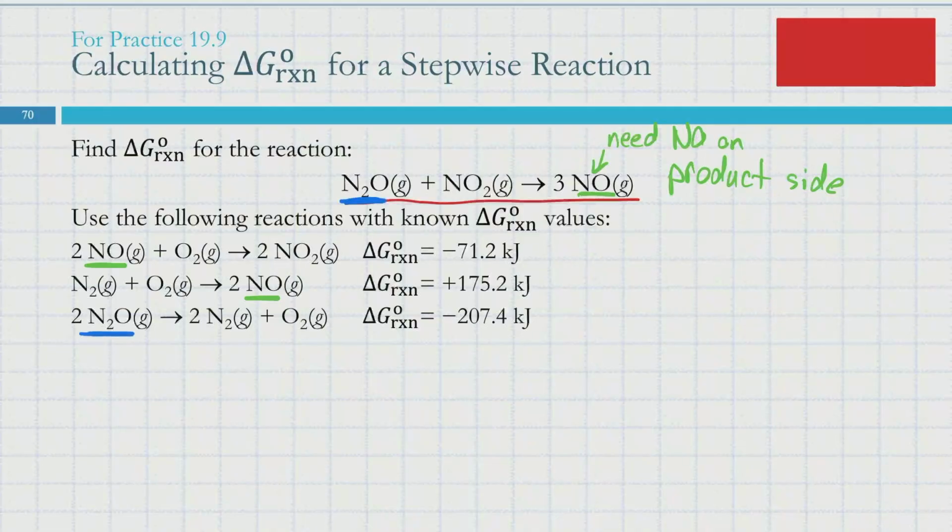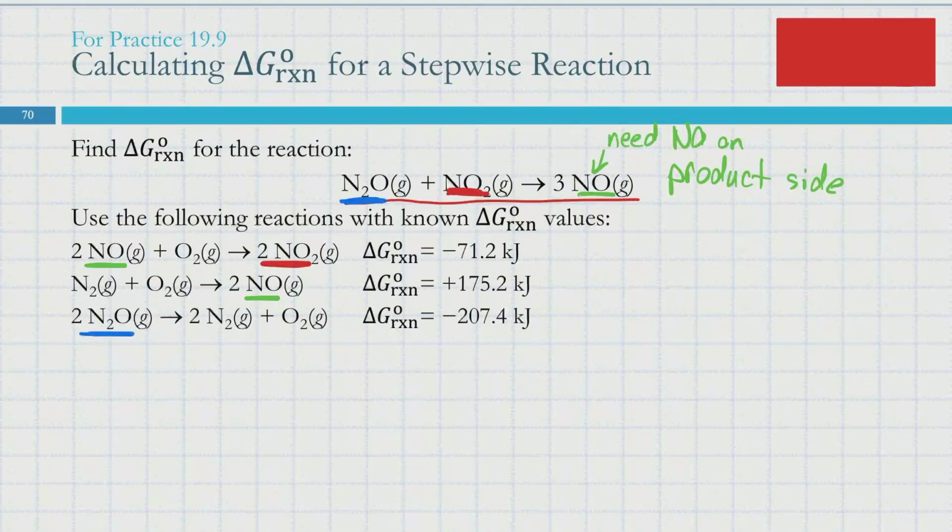And it looks like we've only got one source of N2O. And that's in our third reaction. So this might be a better place to start since we've only got one source for it. Another thing to look at is this NO2, our third component. Our first reaction has NO2 in it, and that's the only reaction that has NO2 in it. We'll do that one in red's fine.